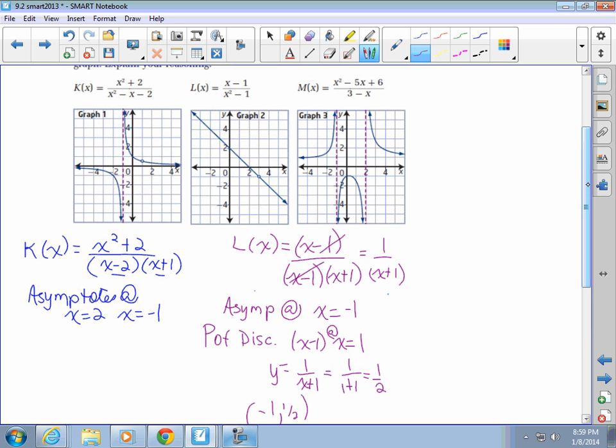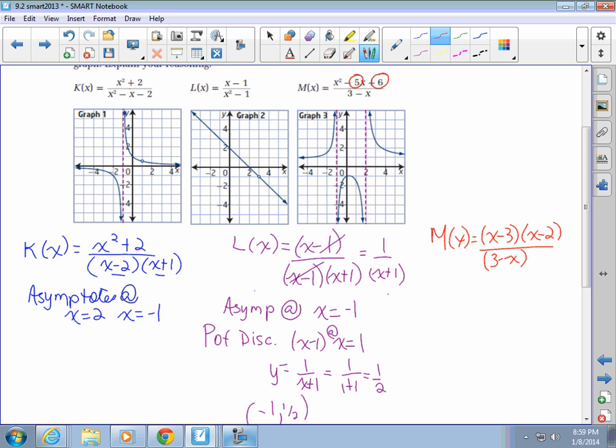So my third equation, m(x) is equal to x squared minus 5x plus 6 over 3 minus x. So that's another product and sum, product of 6, sum of negative 5. That leaves me with x minus 3 times x minus 2. On the bottom I have 3 minus x. So 3 minus x and x minus 3 are exactly the opposite.